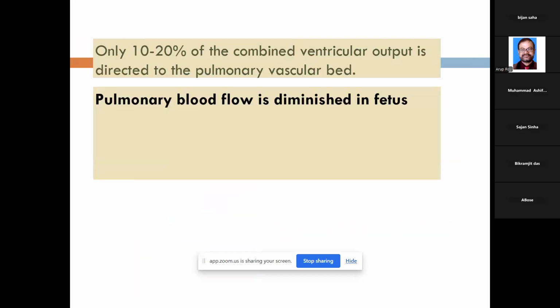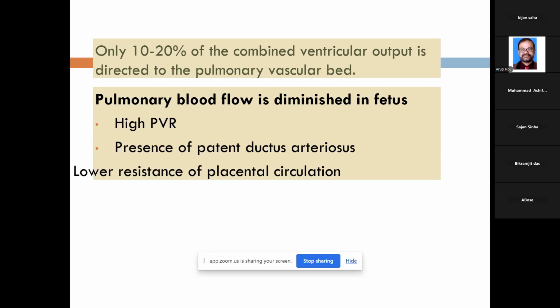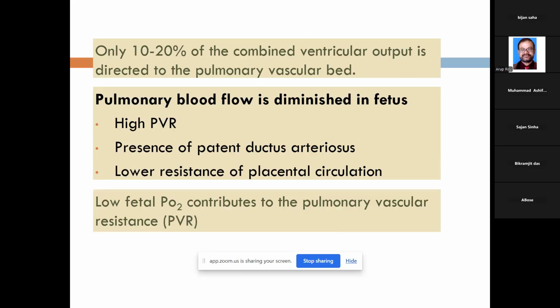Only 10 to 20% of the combined ventricular output is directed to the pulmonary vascular bed, primarily because the pulmonary vascular resistance is kept very high, and the patent ductus arteriosus diverts flow from the lungs, and the lower resistance of the placental circulation facilitates flow towards the placenta.